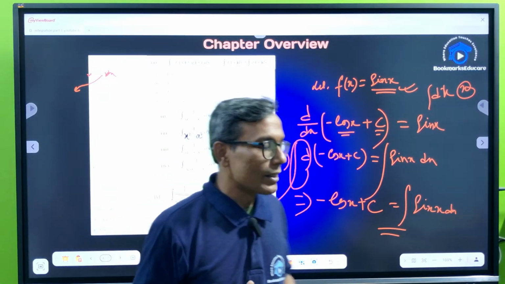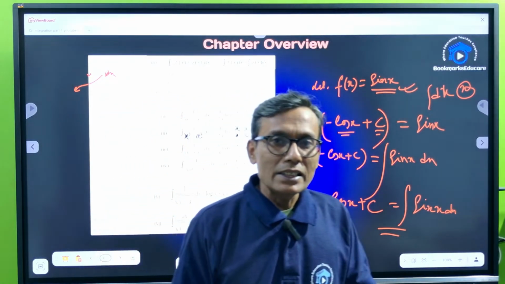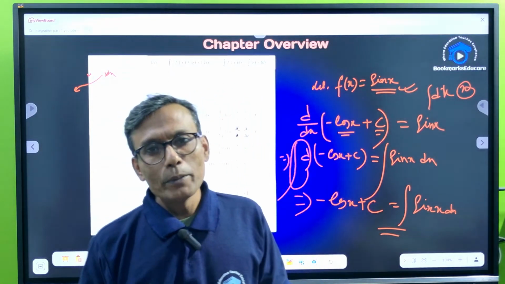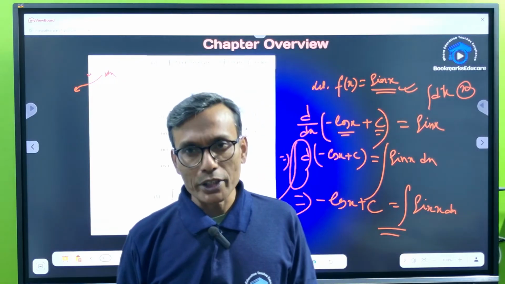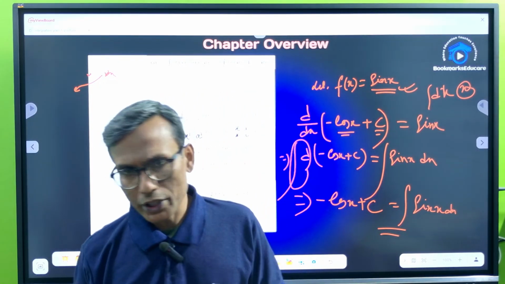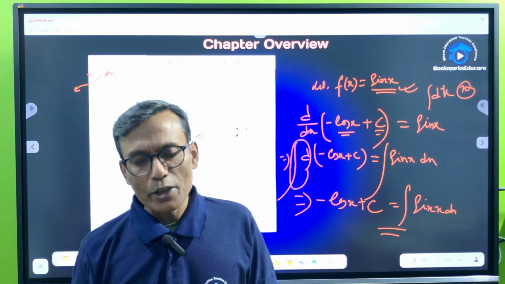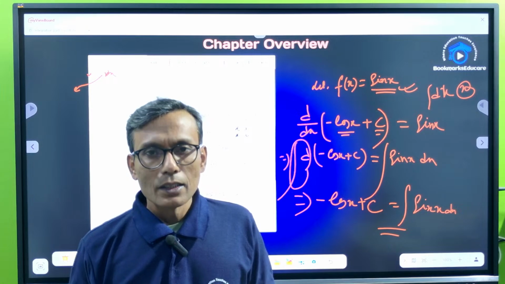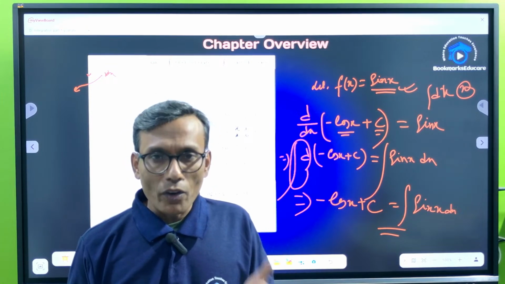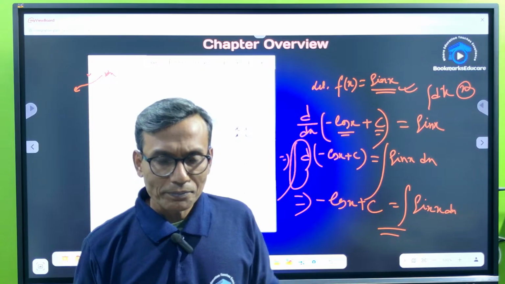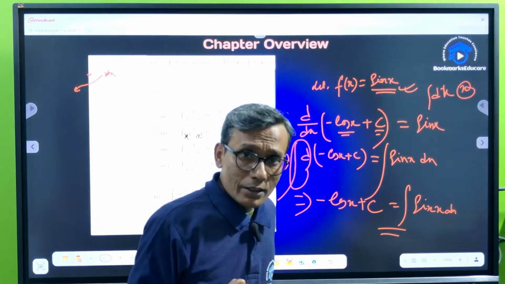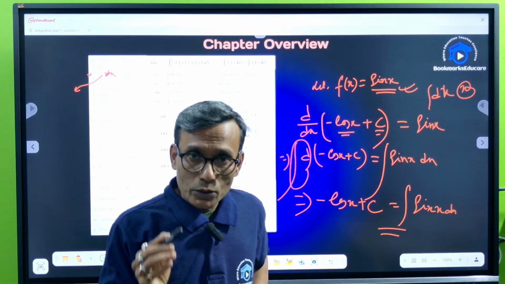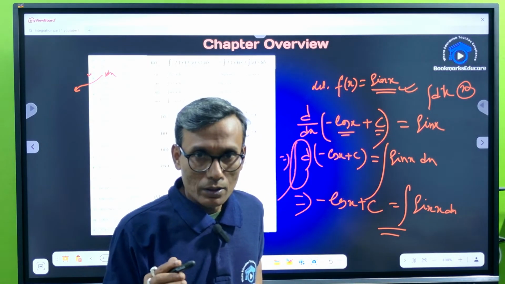I am telling again, indefinite integration with the help of the method of substitution is a technique, method or process for simplifying a complex integral by replacing it with a new variable.